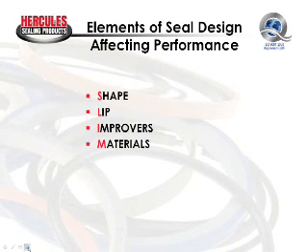There's 4 elements of seal design that affect a seal's performance. There's the shape of the seal, there's the lip configuration of the seal, there's improvers, and there's the material from which the seal is manufactured.